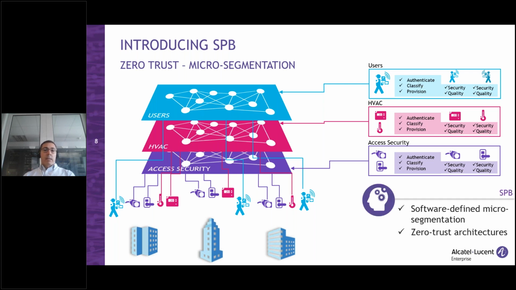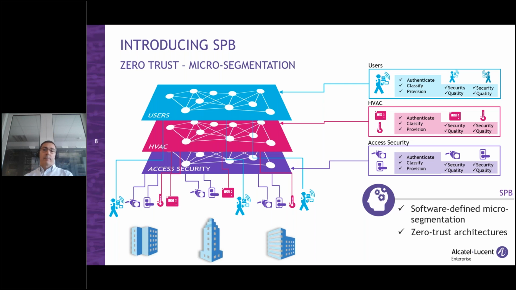The bottom line is that with SPB, you can easily create virtual software-defined segments for different user communities or IoT device types and adopt a zero-trust architecture. This is because in SPB, like in MPLS also, services, VRFs, etc., are only defined at the edge and not on every node along the path.